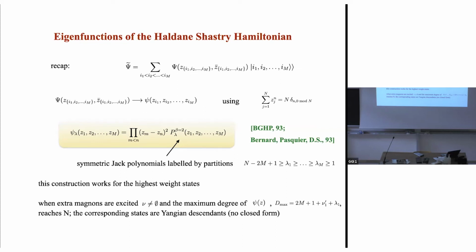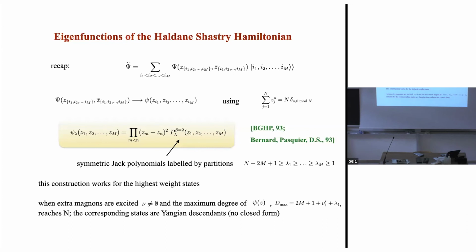So if you want to think in terms of the inhomogeneous model, this is the wrong case to look at, because this is where the pathologies happen. But for the Haldane-Shastry model, that's the interesting point.